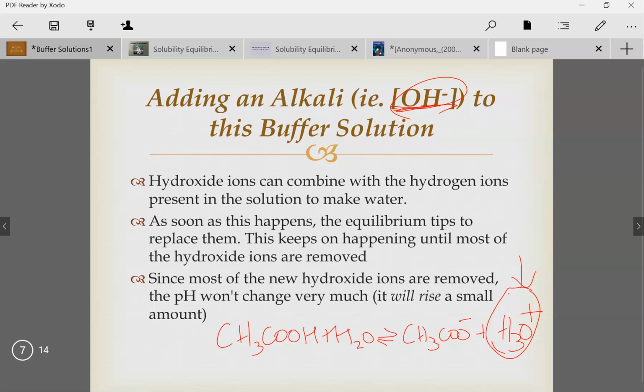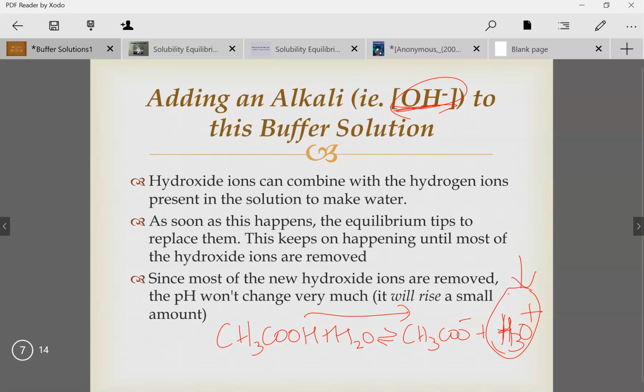But because I decrease H3O plus, my acetic acid can dissociate to shift that equilibrium back to form more H3O plus. So any decrease that I do is immediately countered by this equilibrium setup.